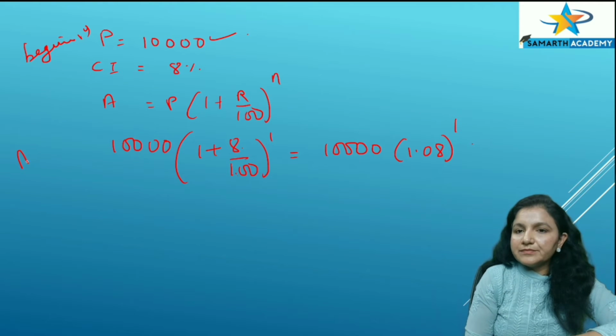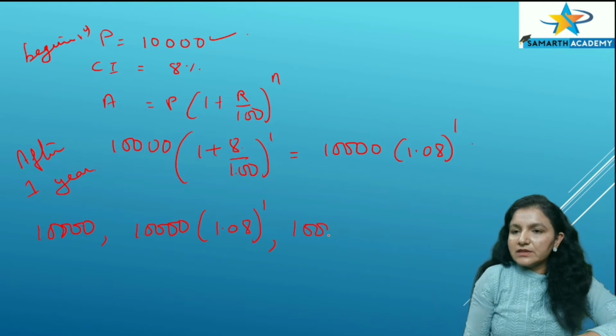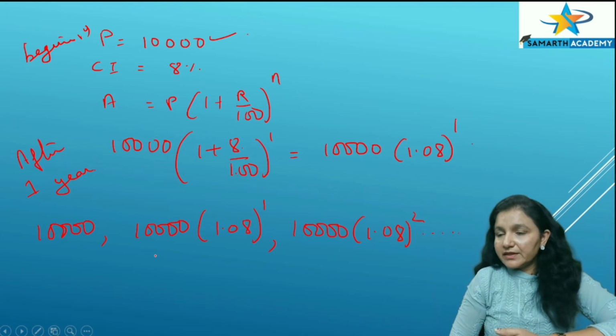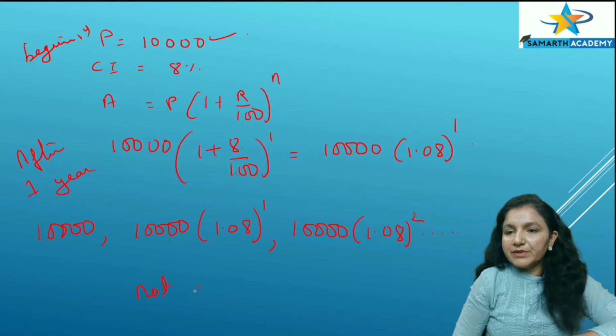After 1 year, if I write the amount present in the account, I'll get 10,000 into 1.08 to the power 1, then 10,000 into 1.08 to the power 2, and so on. If I see these numbers, clearly the common difference is differing. They don't have a common difference, therefore not an AP.